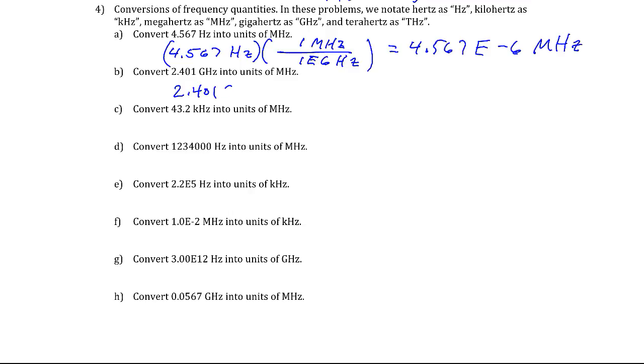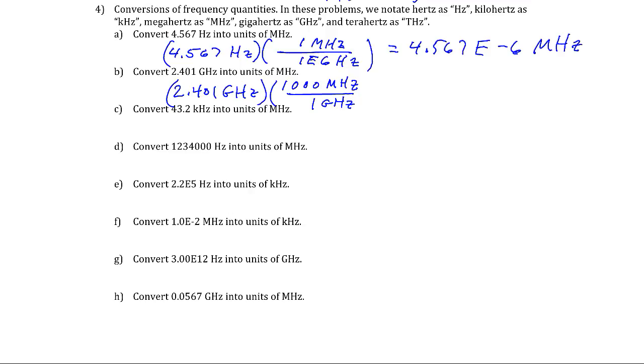Okay, let's convert 2.401 gigahertz into megahertz. I'm going to multiply by the conversion factor, 1,000 megahertz per 1 gigahertz. Giga is 10 to the 9th.